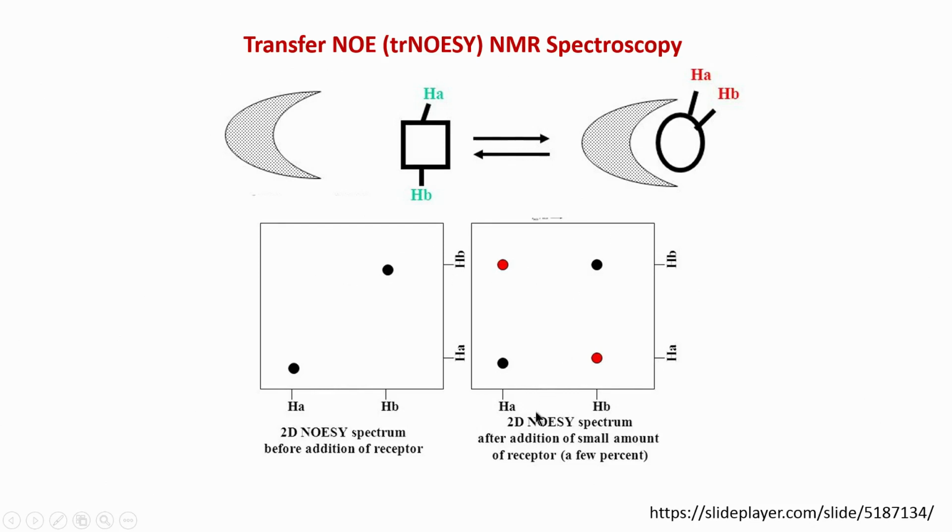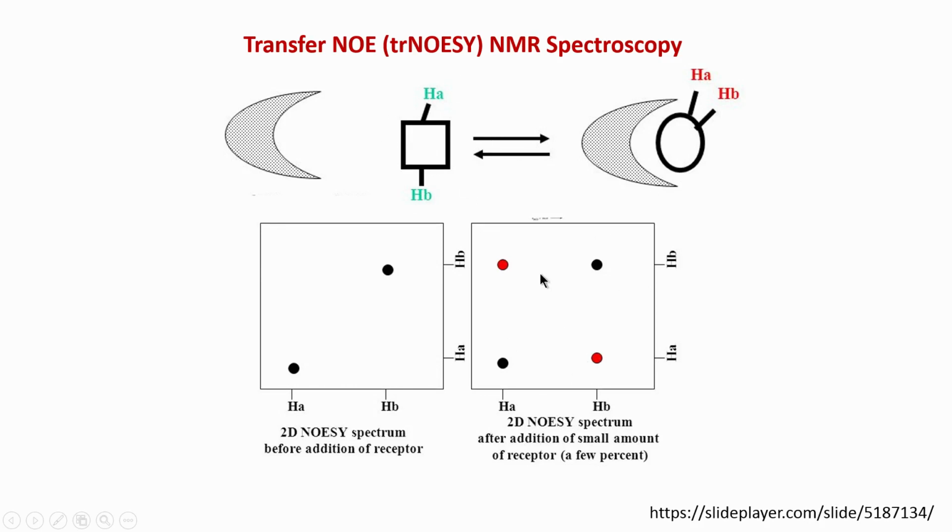But the moment I add the receptor or a protein and I record the spectrum again, you see there is a cross peak coming now, because the cross peak is not from this population. The cross peak is dominated by this population, but we are having more of this. So, actually the whole spectrum is of the free form, but the NOE effect is coming from the bound form.